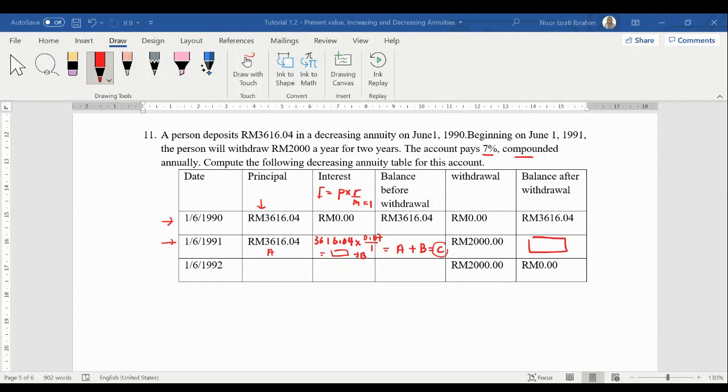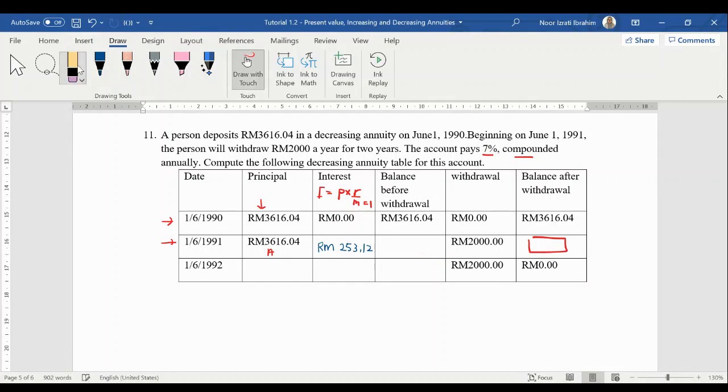3616.04 times 0.07. Yep, I got the same value. It equals 253.12.